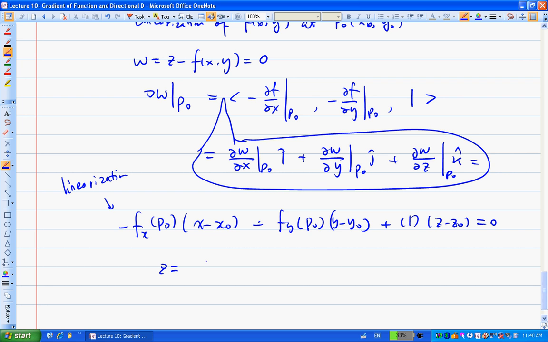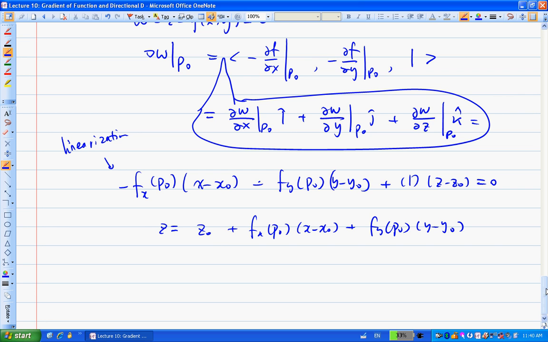If I move everything to the other side, then what do I get? I get z naught. This is a negative here; when you move it to the right side, it becomes positive z naught. And these two negatives become positive too. So that's fx at p naught times x minus x naught, plus fy at p naught times y minus y naught. That's what happens after you shift everything to the right.